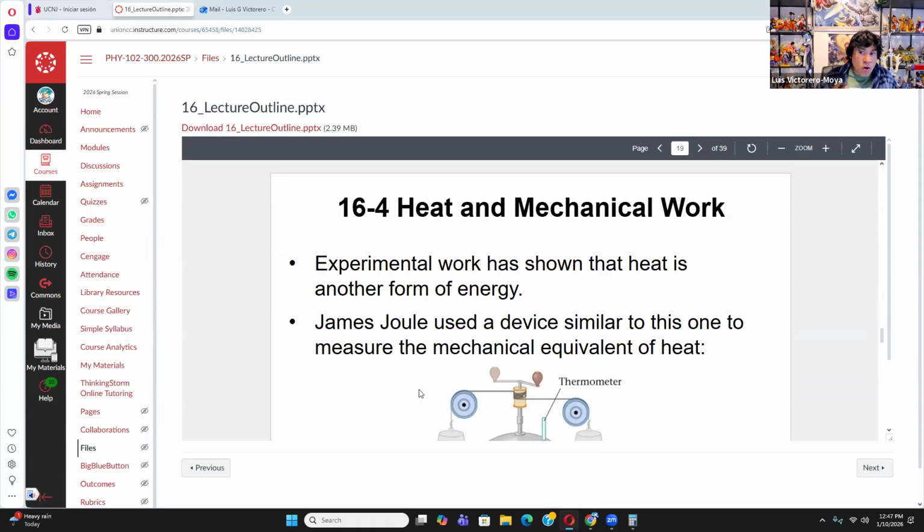Heat is basically another form of energy, and we can use that to create mechanical work. And there is even this Joule experiment where you can use electrical energy to heat up water. So basically, a direct relationship between joules and what we use in thermal physics, which is the unit of calorie.